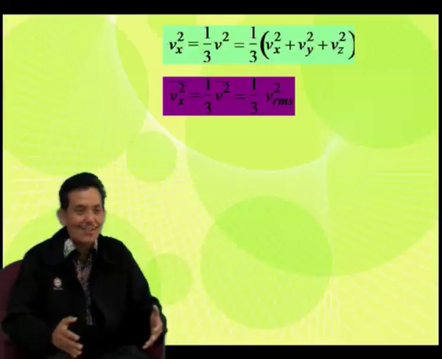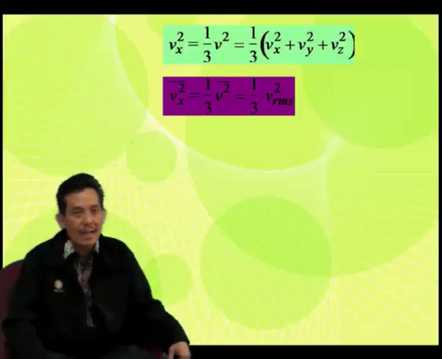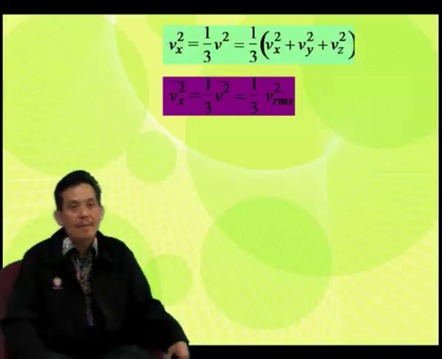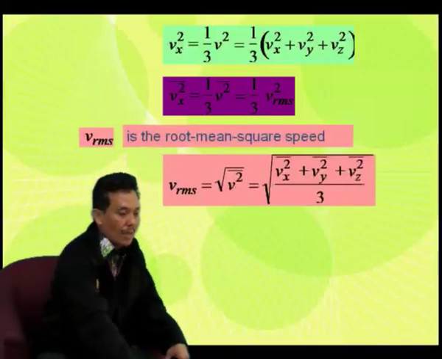It is hard to pronounce, but you can see in the presentation that Vx squared with the bar, meaning the average speed squared, is equal to a third of the speed RMS squared.